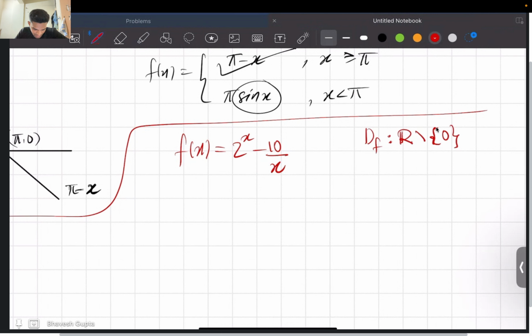And since f is continuous on 0 to infinity, and since my limit as x tends to 0 plus is minus infinity, you can check this, right? If I calculate x tends to 0 plus for this function, it turns out to be minus infinity. And if I try to calculate x tends to infinity, I see that my function goes to infinity as well.